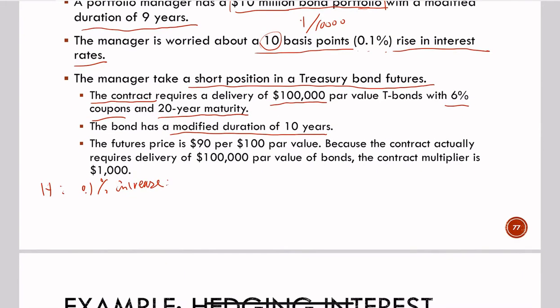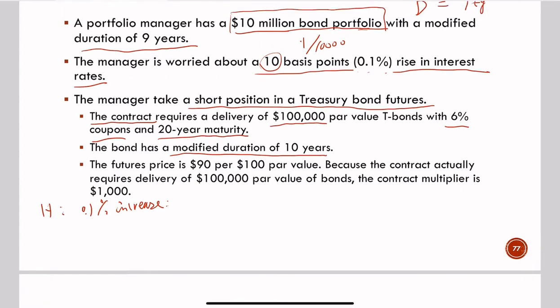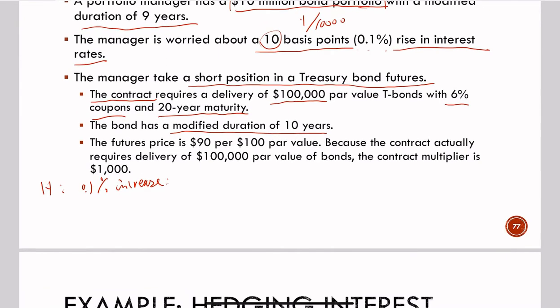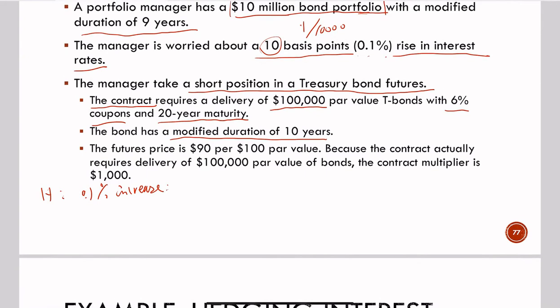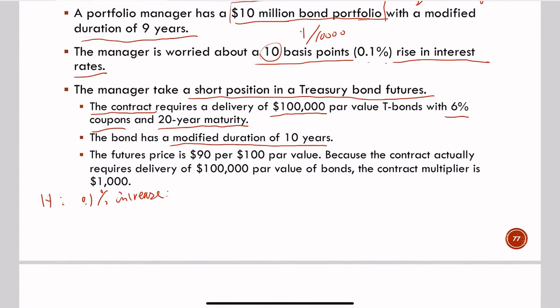So we want to find out the change in this manager's bond portfolio. Well, this is easy, right? Because you can see that we know the bond has a modified duration of 9 years.